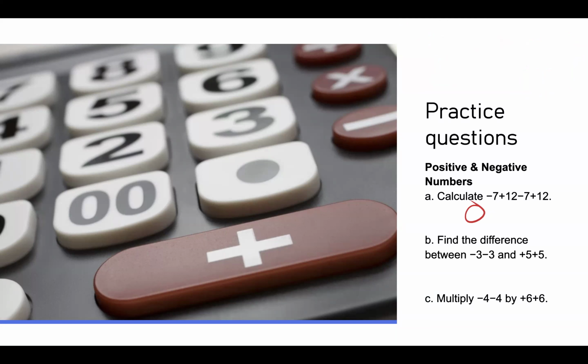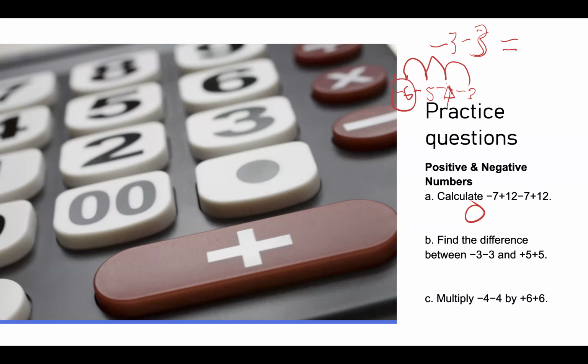Find the difference between -3 - 3 and 5 + 5. So -3 - 3: from -3, jump 3 spaces, so it would be -4, -5, and -6.